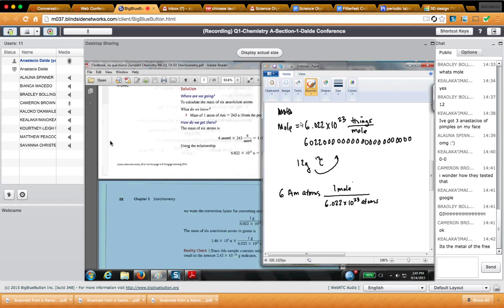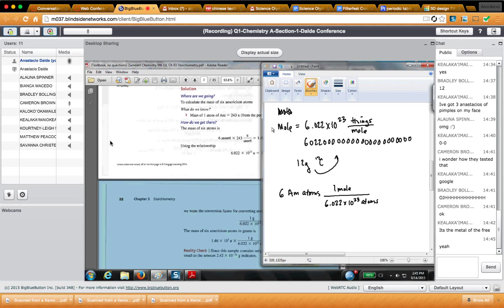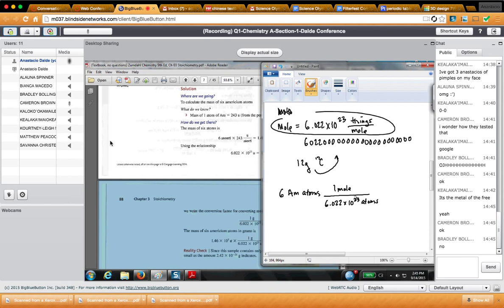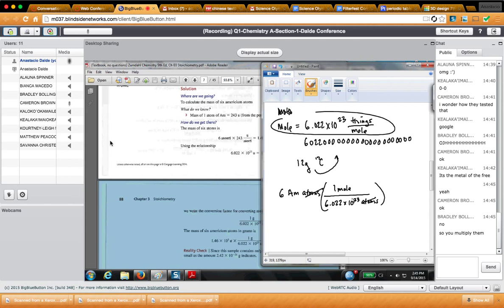I'm basically using this as a conversion factor. Because the atoms cancel, this tells me how many moles of this stuff I have. So I multiply them? No, I actually divide them because the 6.022 times 10 to the 23rd power is in the denominator.